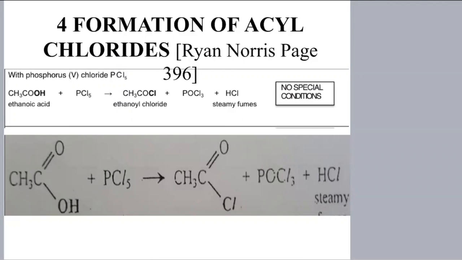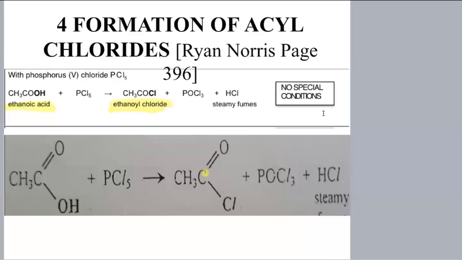if you want to form an ethanoyl chloride, obviously you have to start with an ethanoic acid. If you look at the structure, do you have to draw this? You have the equation in your notes already, but if you want to draw out the structure, you can, as shown on my slides.